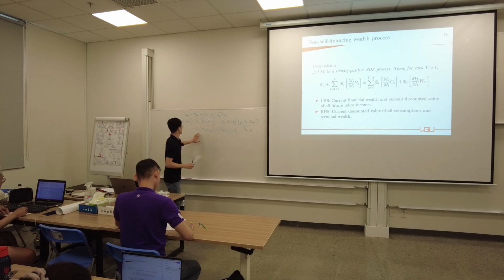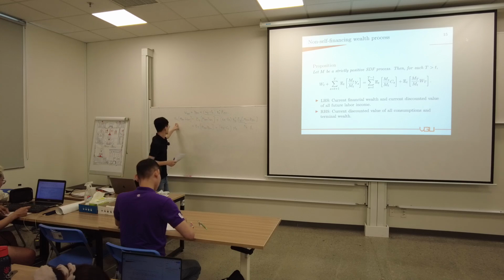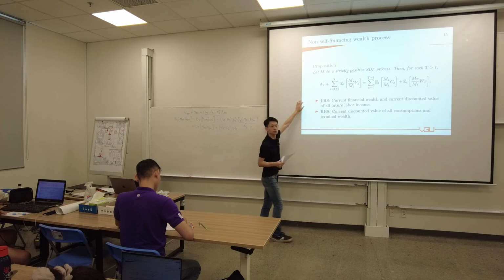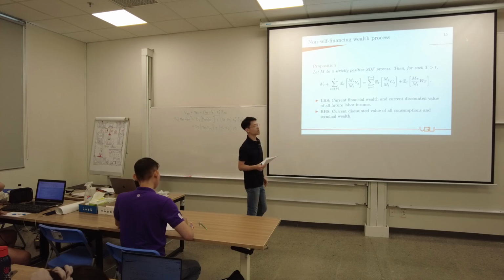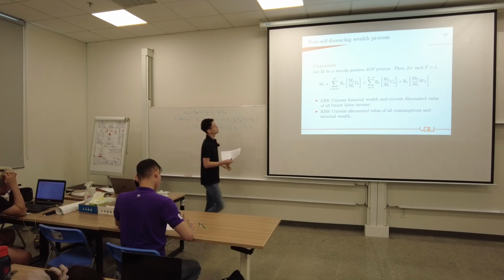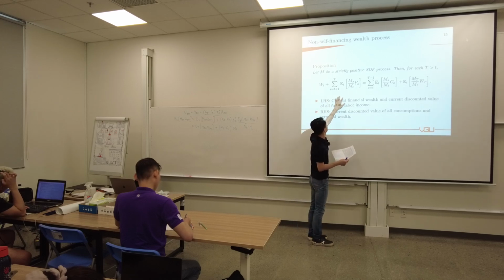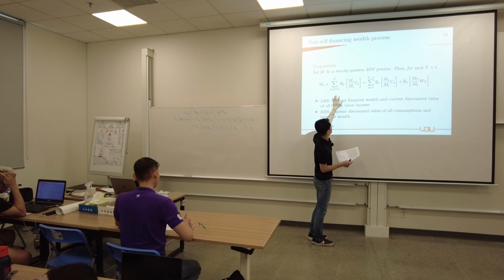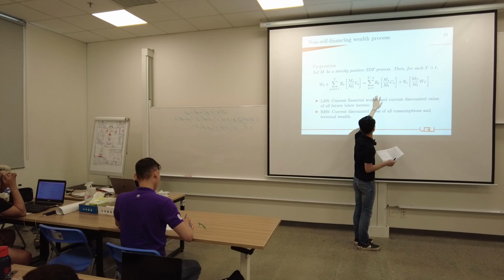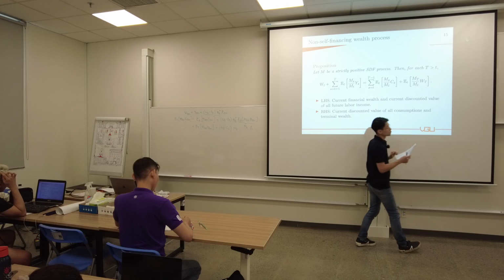Okay, so this is the value of W tau plus 1 conditional on time tau information. Now suppose that this equation is correct at time tau plus 1. Then what do we get? We get W tau plus 1 plus the summing from tau plus 2 up to capital T of your income, and then this is summing from tau plus 1 up to T minus 1, and then we have the terminal wealth.